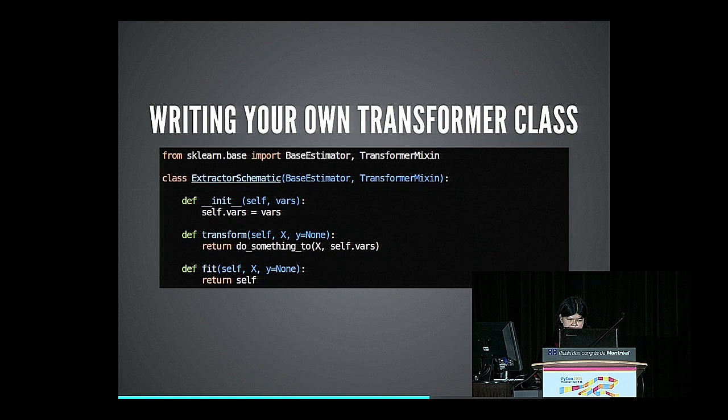There's usually an init function if you need it, and there's going to be a fit method, which usually does nothing and just returns self. The other crucial function that you need to define is transform, and this is the one that actually does something to whatever is coming in.